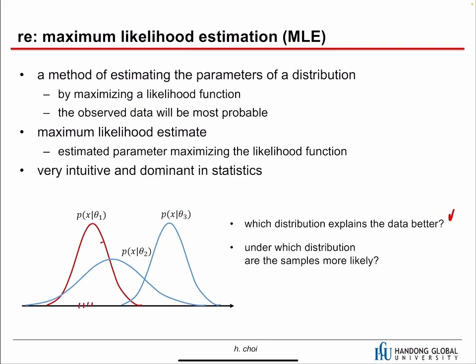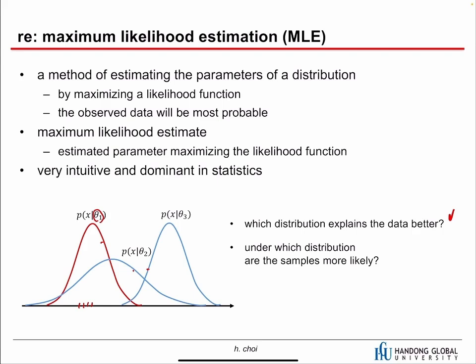So when we have data samples here, then which distribution? So we have this one and this one, this one. In this slide, it looks like we have only 3 options, but these parameters can be continuous. So by moving these parameters, we can have infinitely many distributions. Then how can we find the best distribution? We can define the likelihood equation, then we can take a derivative.